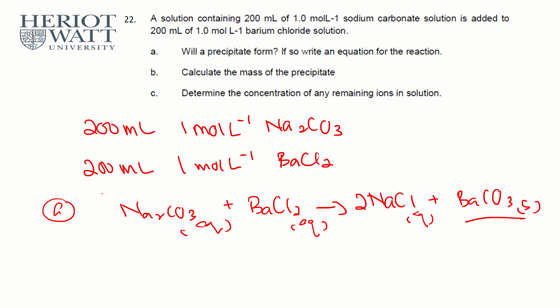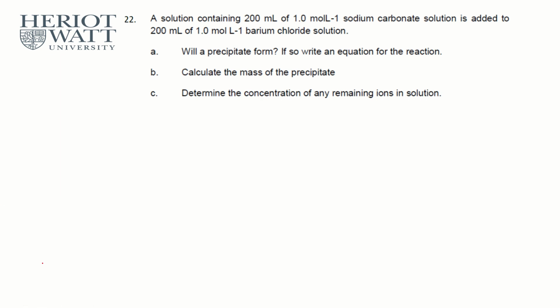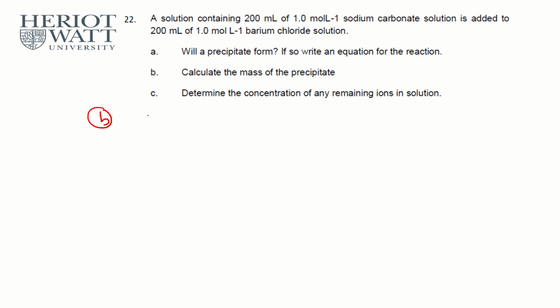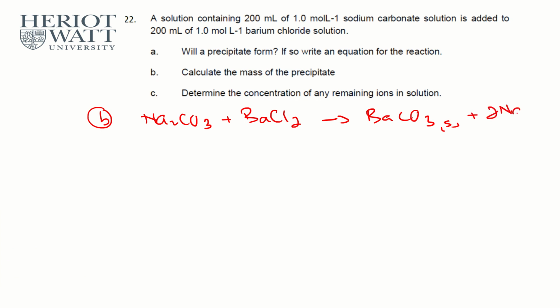Calculate the mass of precipitate. So you need to calculate the mass of the precipitate. Let me do the calculation for B. Okay, let me redo it again for part B. Sorry, guys, I have to rewrite it again. Sodium carbonate plus barium chloride changing into barium carbonate, which is a solid, plus 2 NaCl.